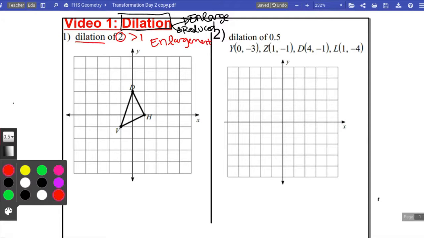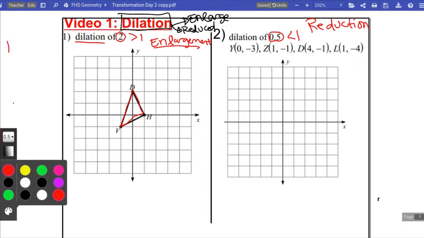If you look at number 2, this scale factor is less than 1, therefore you will have a reduction, meaning the picture will get smaller. All right, so let's go back to number 1. Because the dilation is greater than 1, we will have an enlargement. So do you see this little triangle right here? This triangle is fixing to get big. All right, let's get to work.